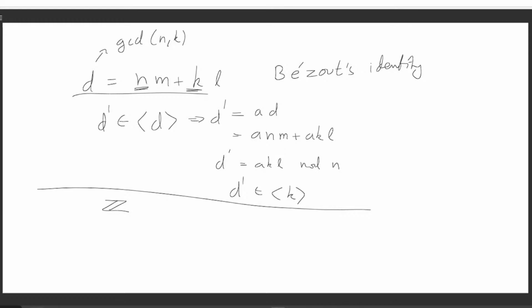So take n and k in Z. The subgroup generated by n and k will be cyclic, correct? What will be its generator? Because Z is cyclic, this must be cyclic.